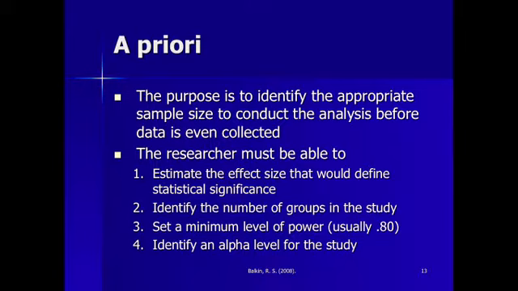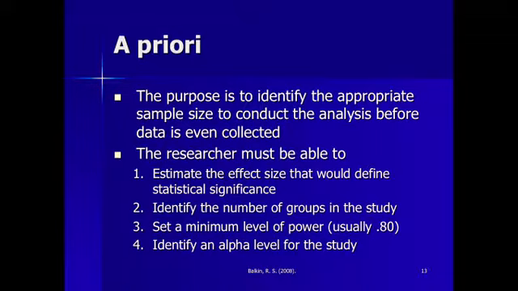The purpose of an a priori power analysis is to identify the appropriate sample size needed to do the study. So if the researcher can estimate what kind of an effect they're hoping to find, such as a small, medium, or large effect size, and how many groups they're going to have in the study. In addition, you can also set your minimum level of power, which is usually 0.80.